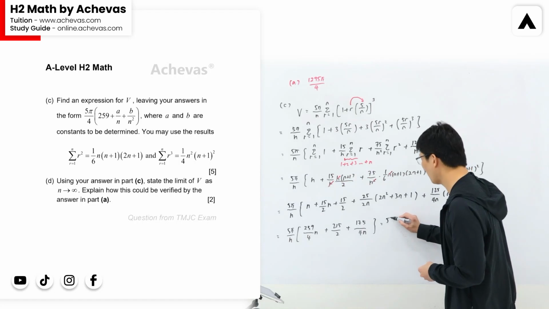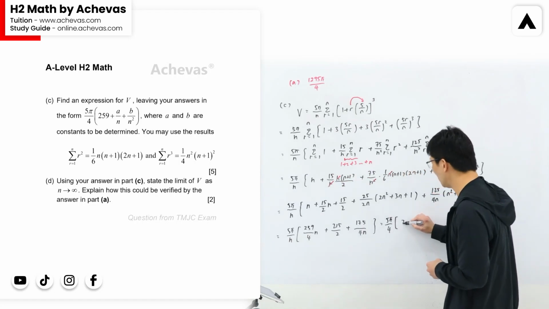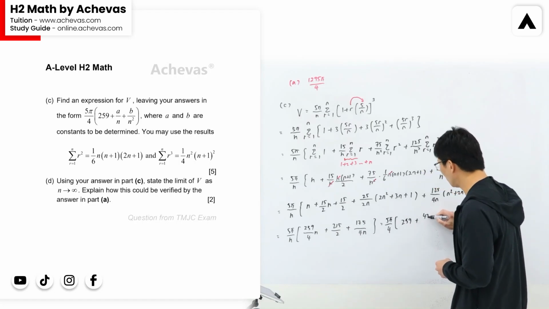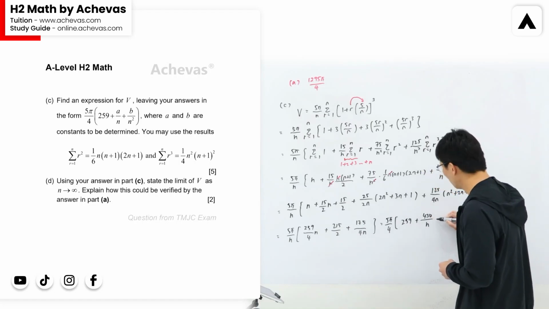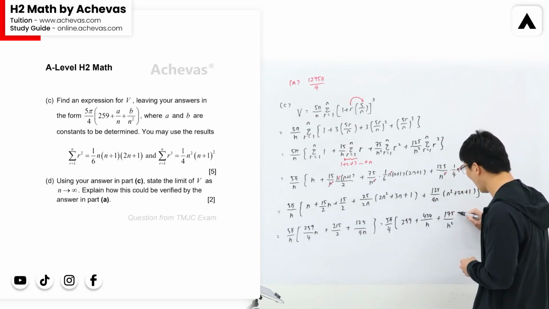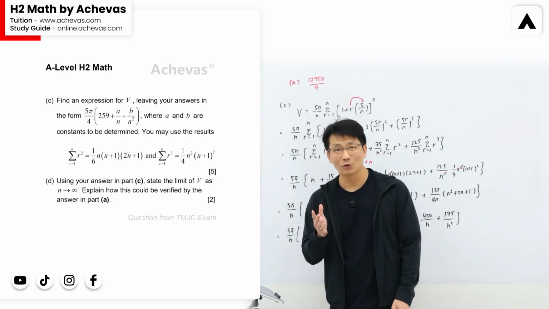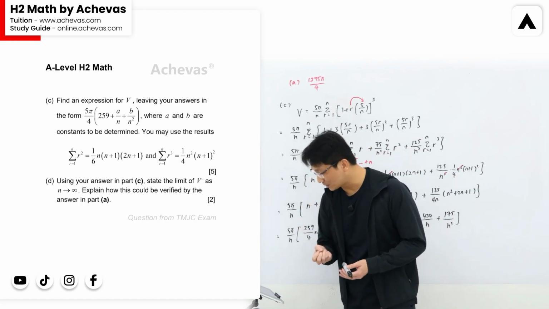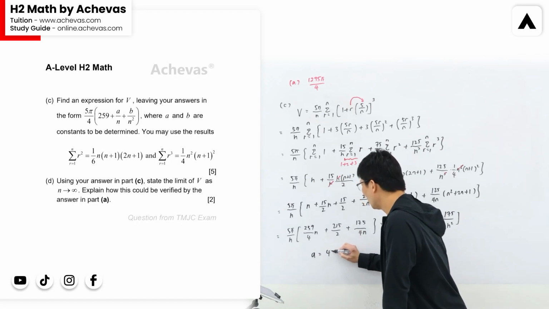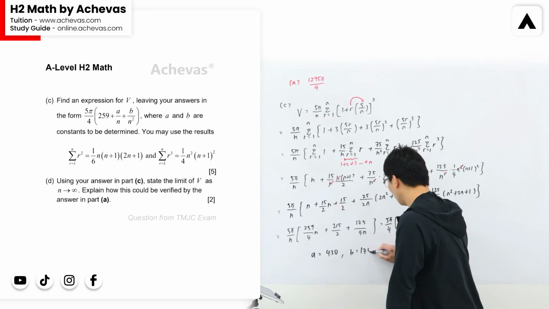So I end up with 5 pi over 4, and what we are left with will be 259 plus 430 n plus 175 n squared. Since the question mentioned that a and b are constants to be determined, for presentation purposes it's slightly better if we write down an additional step. So a will be equal to 430 and b will be equal to 175.